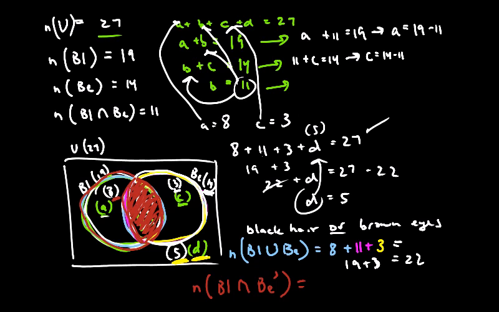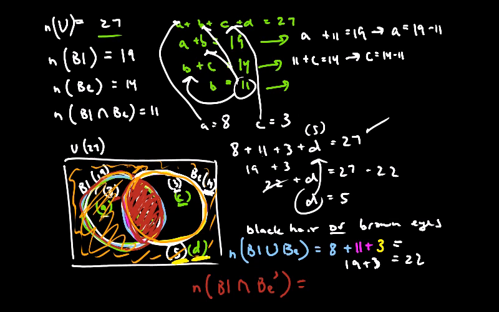So here are all the people that have, let me get a different color so you can see. Here are all the people that have brown eyes. So everything outside of that would be, all of this would be the people that don't have brown eyes, okay? And then we want to know, where does that, these people don't have brown eyes, so where does that intersect with the people who have black hair?